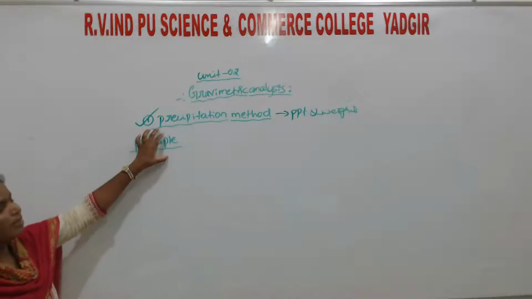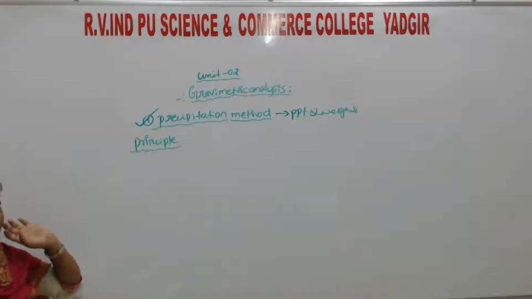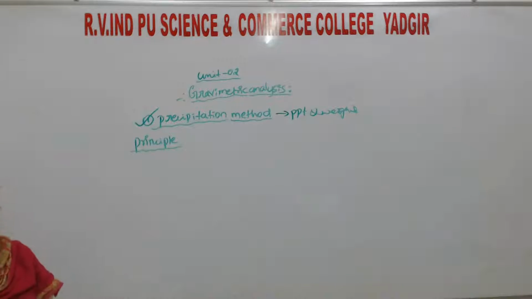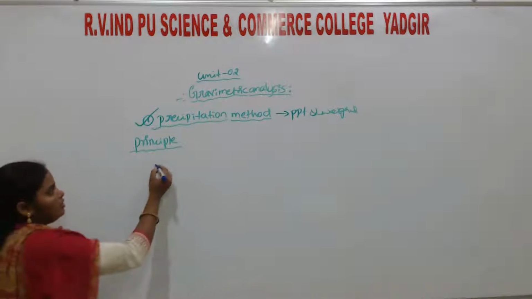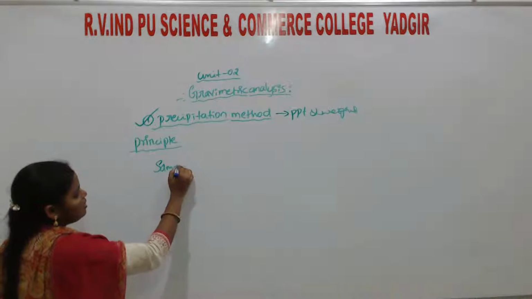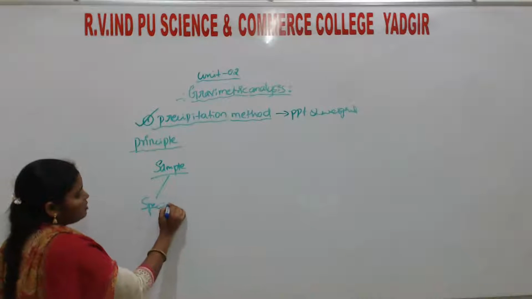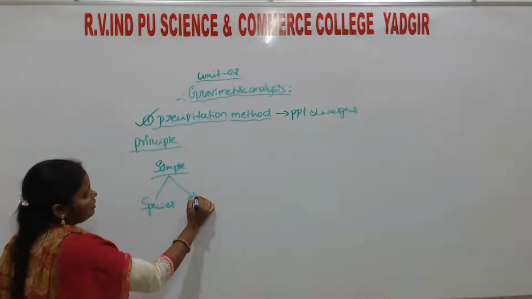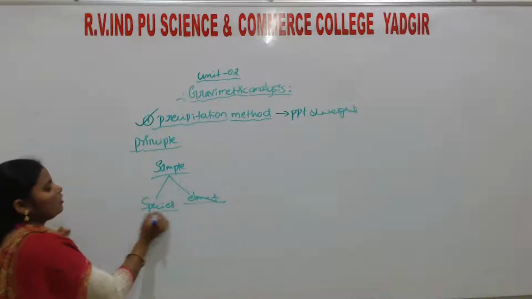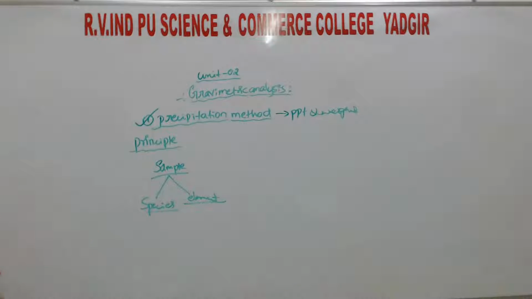What is the principle here in the precipitation method? The sample means any species or element to be estimated is selected.